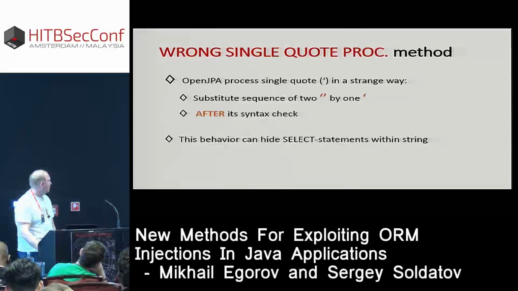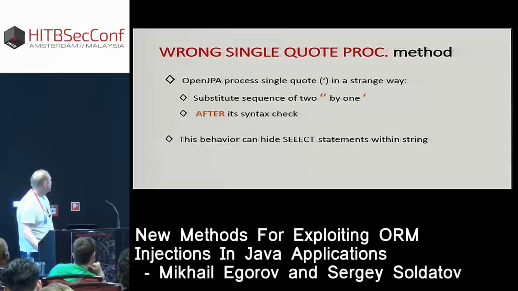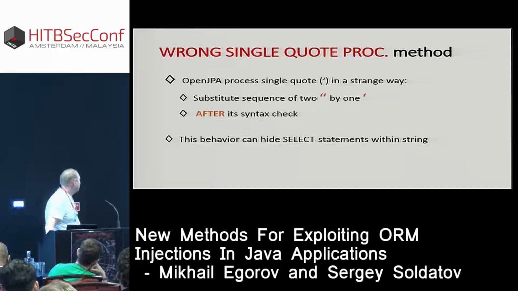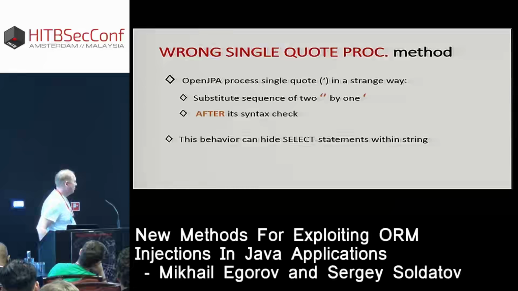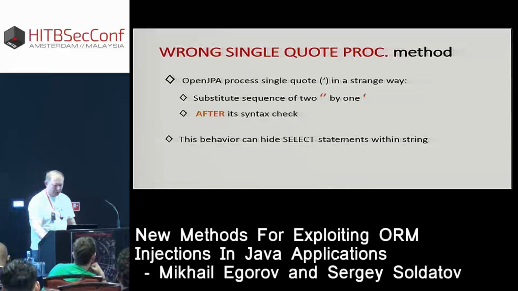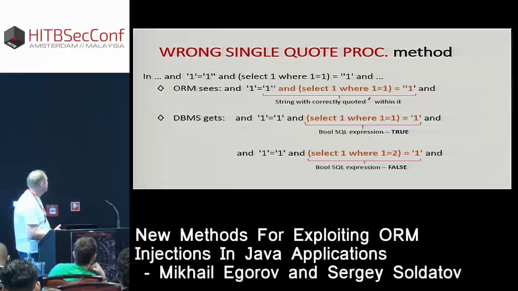The first one we called wrong single quotes processing, and we called our method in the same way. The problem here is that this ORM substitutes all sequences of 2 single quotes by 1 single quote. And this strange behavior can allow hiding a select statement within a string. Here is how exploitation looks.